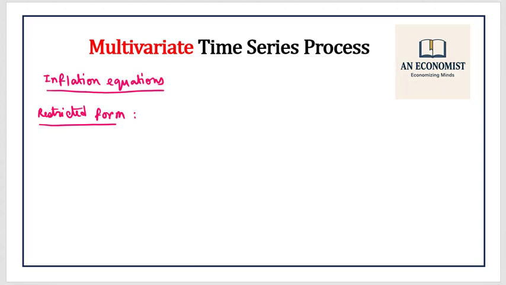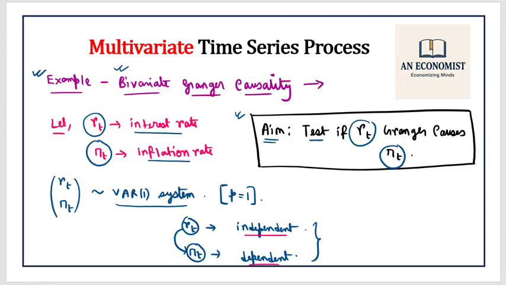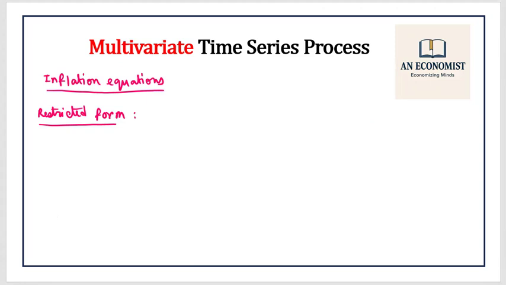If you remember under H naught, we say that there does not exist any Granger causality. It means that RT does not have any bearing on pi t. That is what we are saying, which means that inflation depends only on its own lag values. And mathematically, if you write, it will be something like this: pi t is alpha naught plus alpha 1 times its own lag value only up to period 1, p equals to 1, plus some error term.